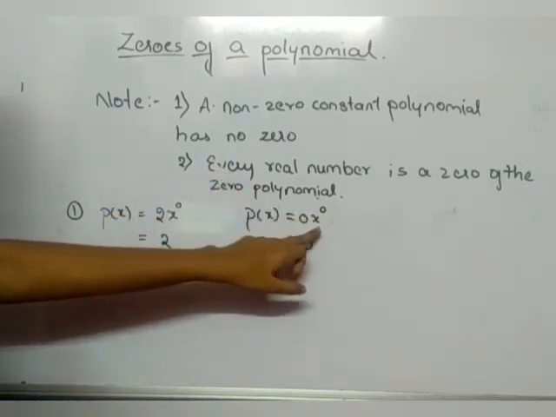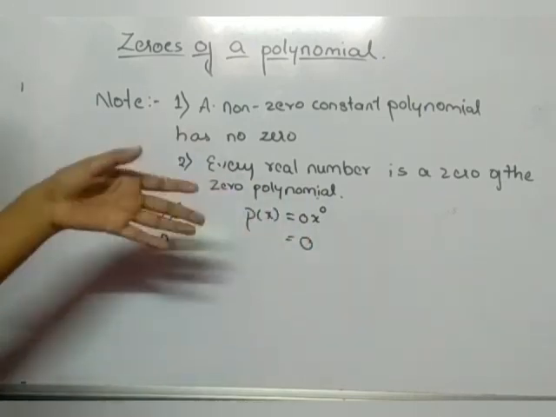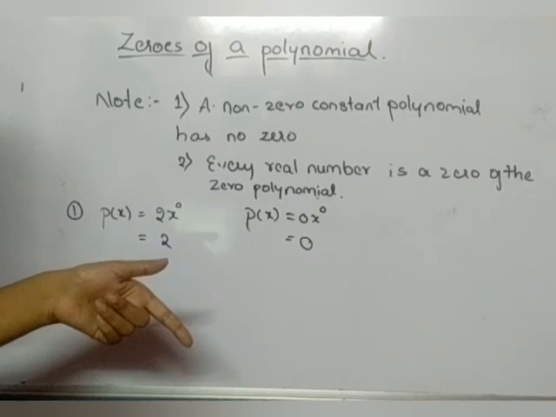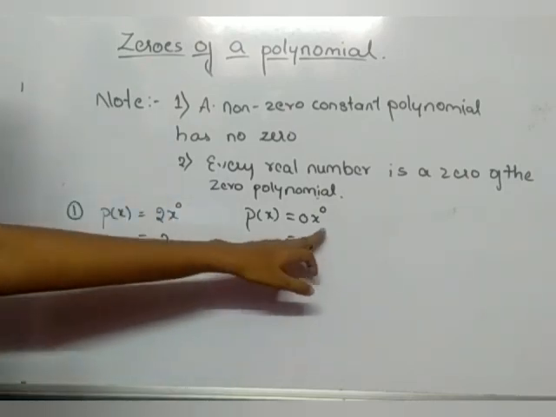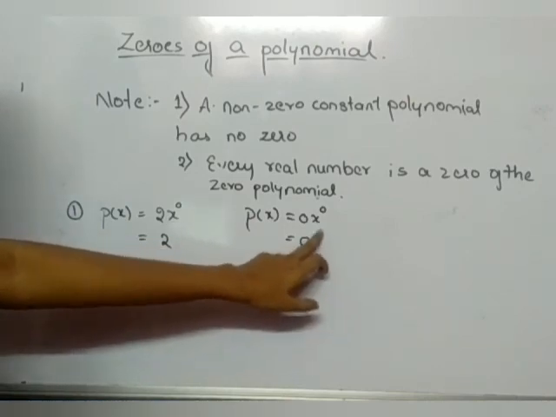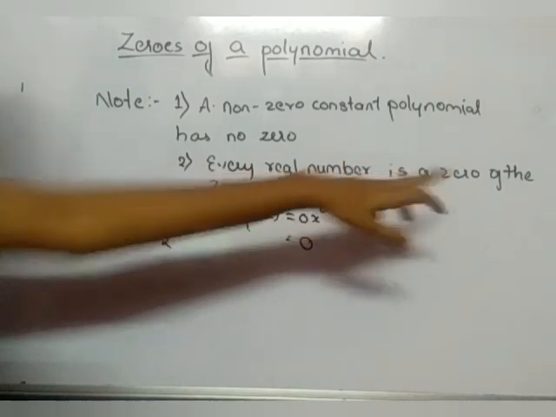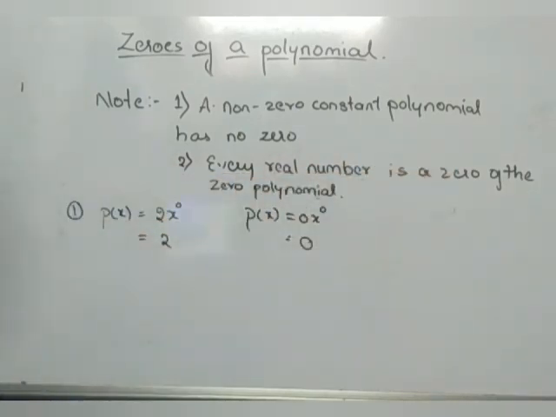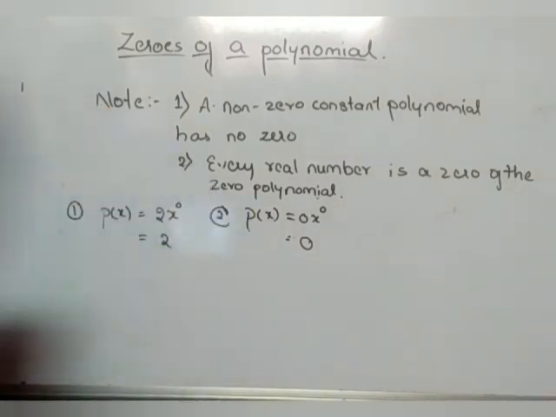If I substitute or replace x by any real number, it may be a positive integer, negative integer, natural number, whole number, if I substitute any number in place of x, I will be getting 0 only. Isn't it? So every real number is a 0 of the zero polynomial. This is the example for the second point. Next we will solve exercise 4.2.